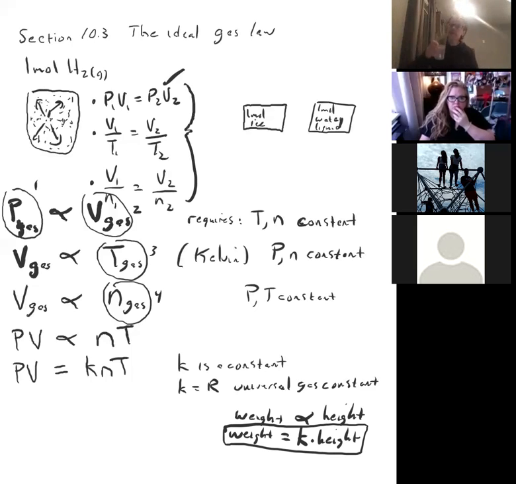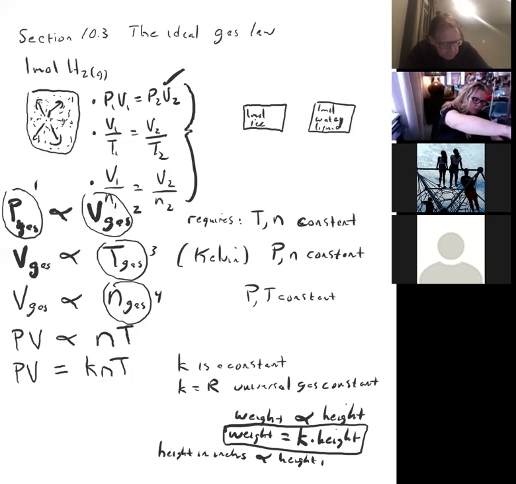Okay. Here's another example. This is a simple one, kind of trivial. You could say, I know that your height in inches is proportional to your height in feet. That's true. In other words, if you get taller in terms of feet, you're also getting taller in terms of inches. That makes sense, right? But that doesn't mean that they're equal. You wouldn't say 60 inches equals 60 feet. So what do you need?